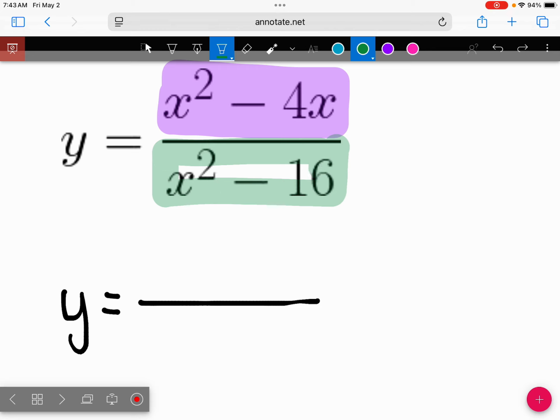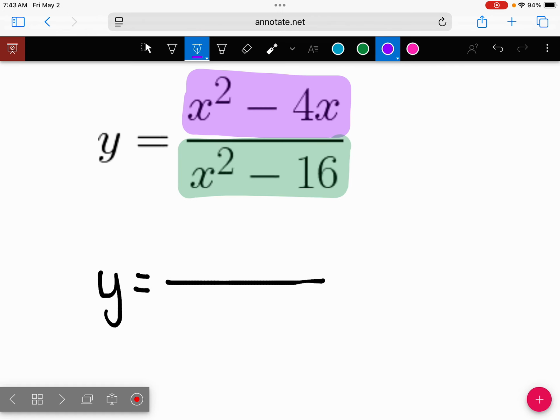So what do those two pieces have in common? Can I do this without a c? No. How can I factor that then? Greatest common factor. What is their greatest common factor?